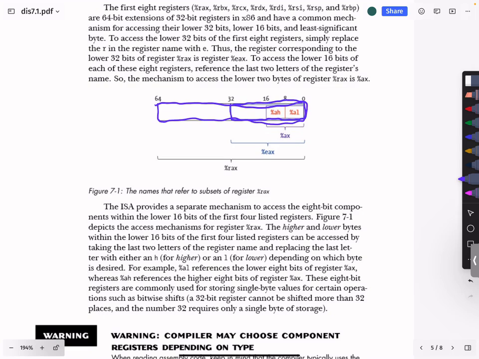And then AX is the rightmost 16 bits. And in fact, you can address the high half and the low half of that, so that by doing so right here, you have only 8 bits, which is to say a single byte, which can be useful.